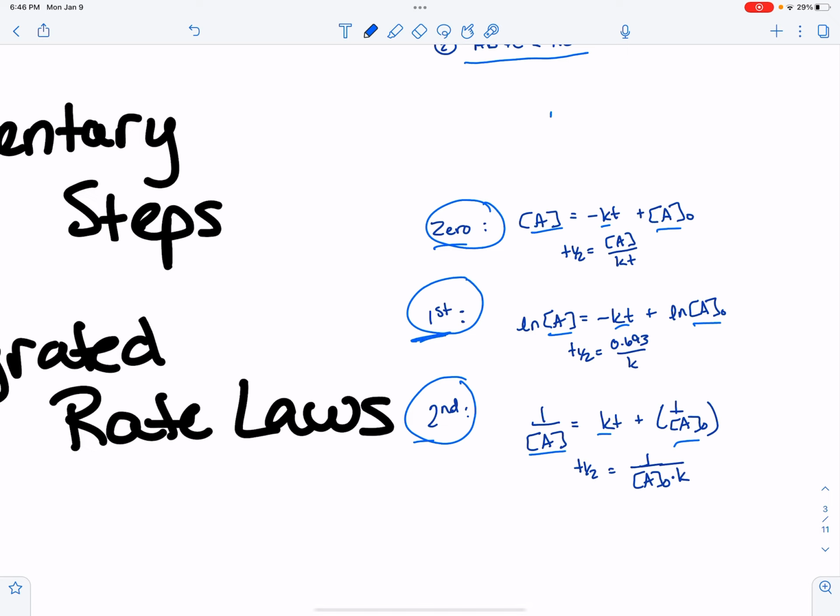Let's say it's first, then you know to use this equation and plug and chug. And there's even a way that this K right here is related to that K. So they can give you this, then you can get the K, and then you can plug and chug and get, let's say you were missing T, but you had those other 2 values. So those are the integrated rate laws.